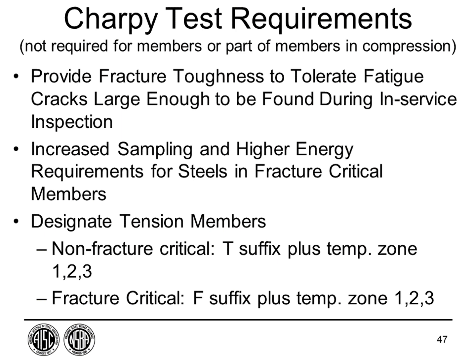If it's a fracture critical flange, then you would label it with an F and then the temperature zone. And that means that when you order it that way, it will come with the properties required for those temperature zones and whether it's fracture critical or not, the toughness requirements.